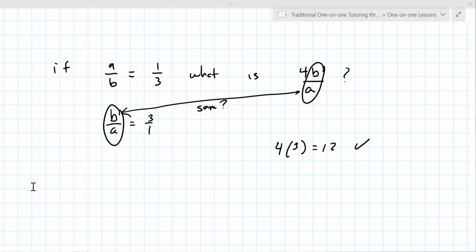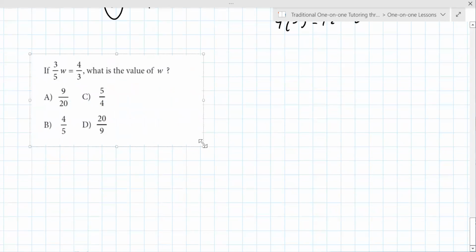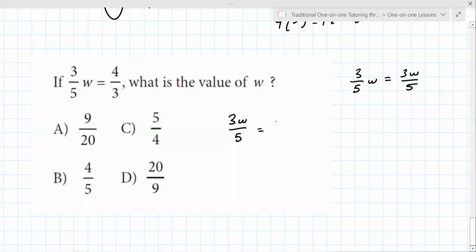Let's look at another problem here. If 3/5 W equals 4/3, what is the value of W? Now, off to the side here, 3/5 W can be rewritten as 3W over 5. And so if this is 3W over 5 equals 4/3, can you diagonally multiply?